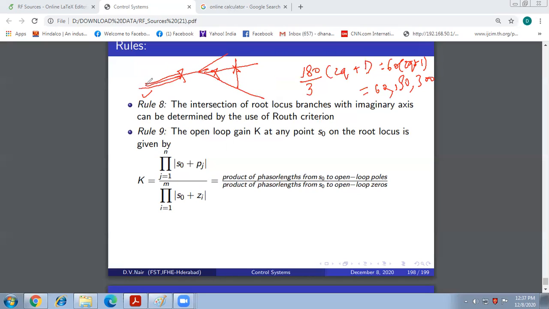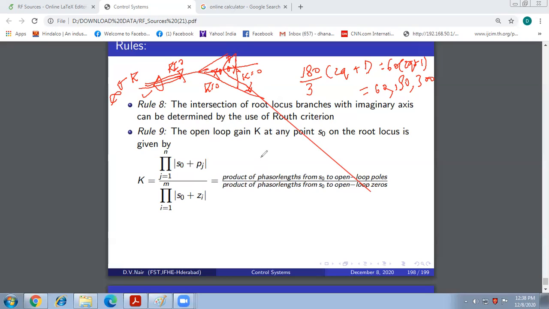So you have this branch that originates at k equal to 0 moving to infinity with k equal to infinity, and these two branches that originate at two open loop poles at k equal to 0, they face each other, and at some point they break, one moving here and another moving parallel to this asymptote, right? So that's how we get the root locus developed.